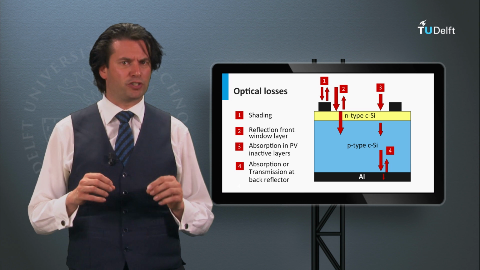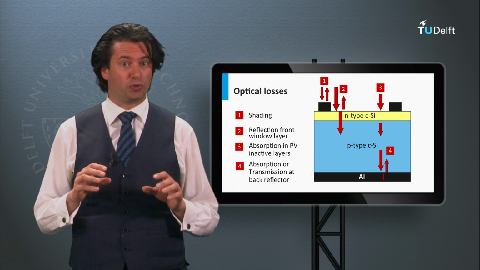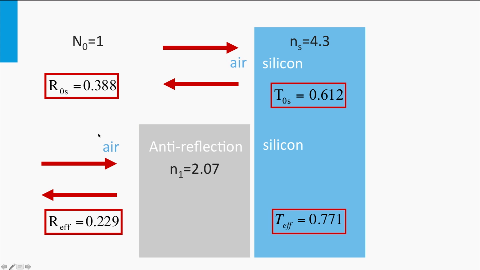Last week we have discussed two approaches to reduce the losses. The first one was based on the Rayleigh film principle. By putting a film with a refractive index smaller than that of the silicon wafer between air and the wafer, you can reduce the losses. The optimum value for the refractive index of the intermediate layer equals the square root of the product of the refractive indexes of the two other media.